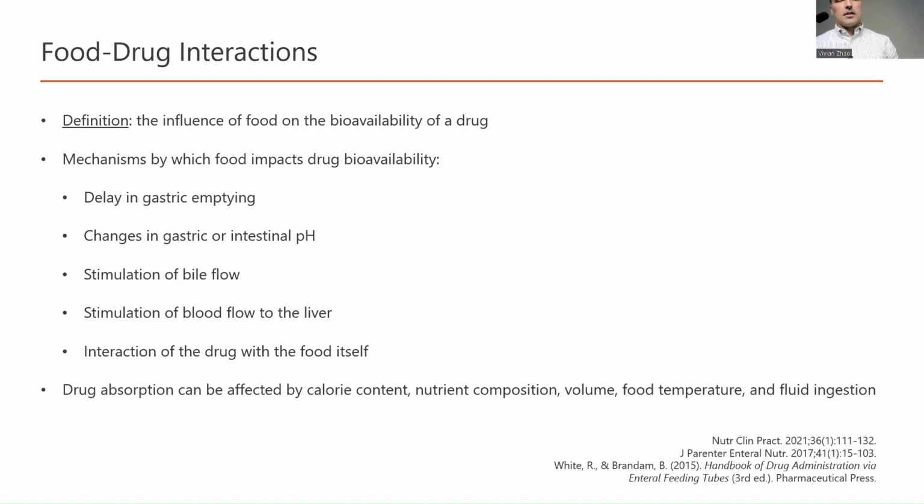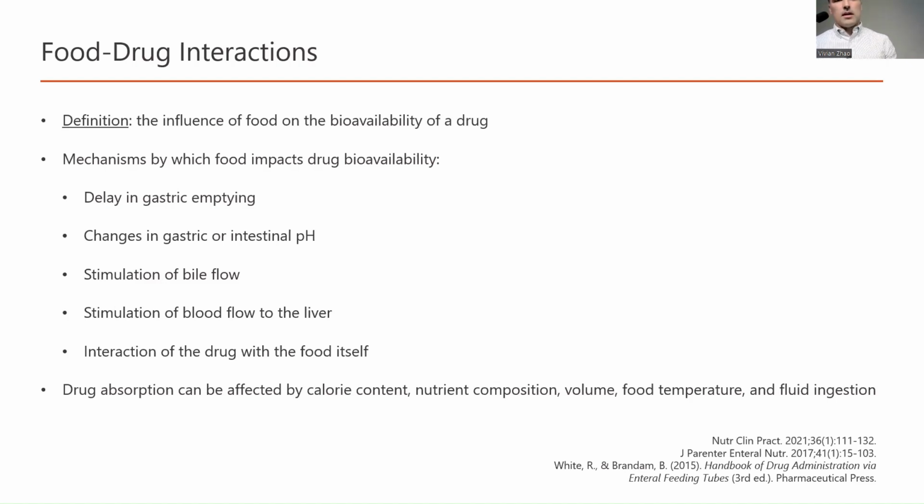Food-drug interactions are not less important than drug-drug interactions, and simply refer to the influence of food on the bioavailability of a drug. Some of the mechanisms by which food may impact drug bioavailability include delay in gastric emptying, changes in gastric or intestinal pH, stimulation of bile flow, stimulation of pancreatic flow, and stimulation of blood flow to the liver.